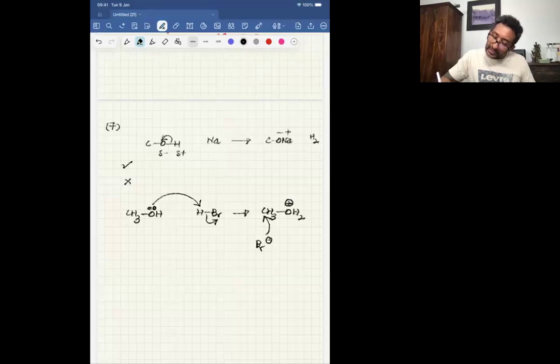This is going to attack. This is going to leave. So what you get? CH3Br. Right? So if you look at this reaction, it's an electrophilic substitution reaction. So it begins with HBr acting like an electrophile. I think that is right. It's an electrophile.